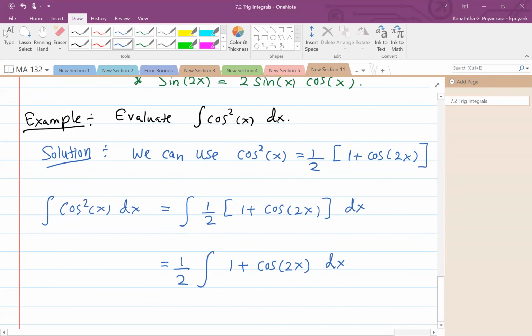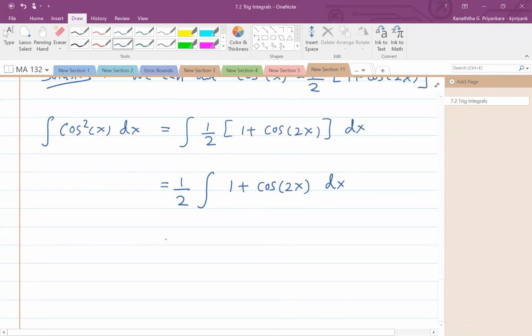Now you can distribute the integral into the two terms. So you can write 1/2 times the integral of 1 dx plus the integral of cosine 2x dx, and then you have to add some constant, plus c.